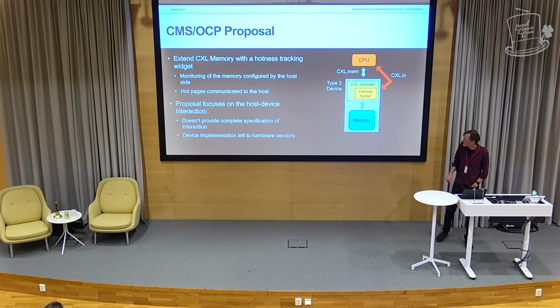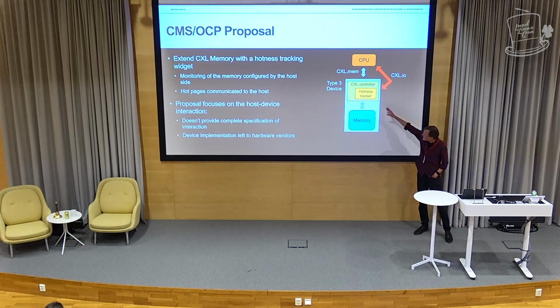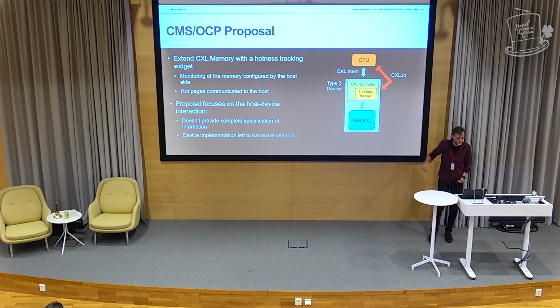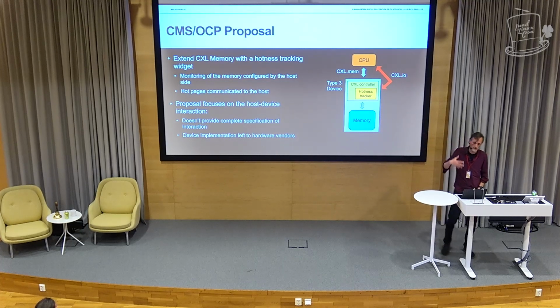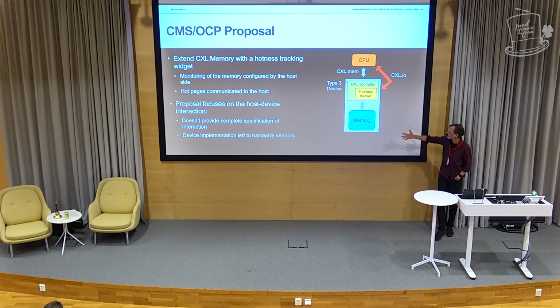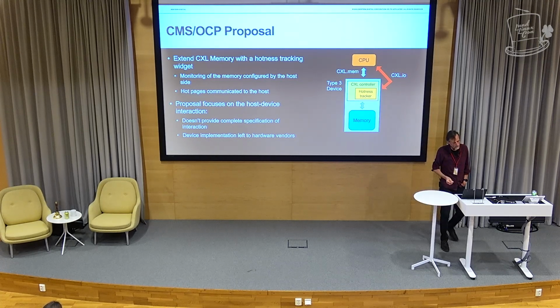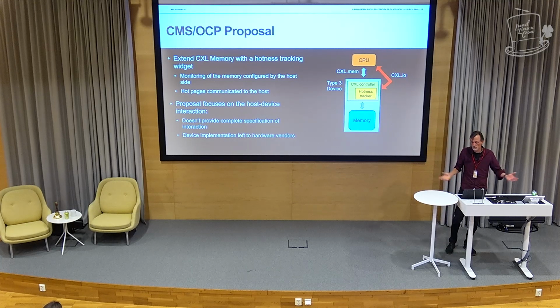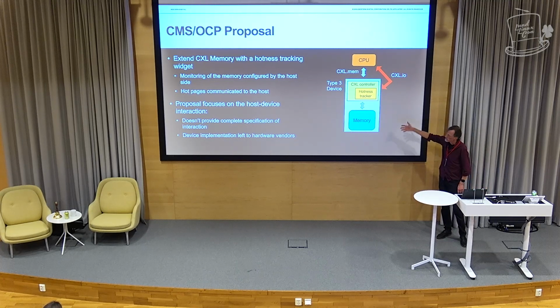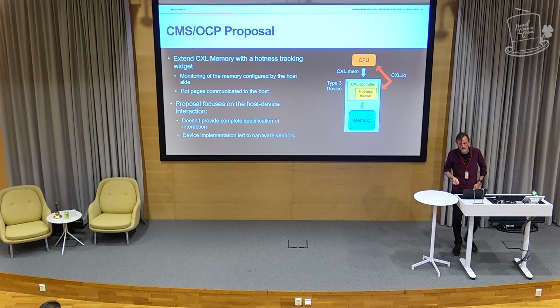Basically, you'll have a hotness tracker as part of the CXL controller. You have an out-of-band, or a regular I/O-based, path to configure this hotness tracker to say, okay, I'm interested in monitoring this part of the memory.